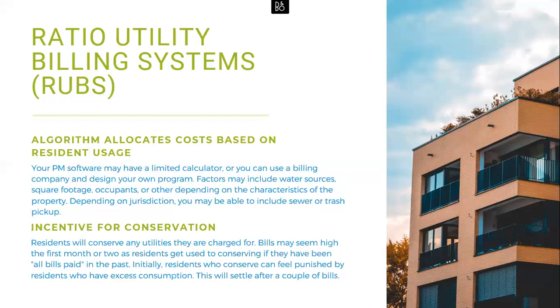Excellent point. And one of the things I always recommend to clients is that when you're starting to notify your residents that there's a billing program starting, send out conservation tips right away and let them know of the easy ways they can start reducing their use. And you will get some calls all of a sudden for running toilets.